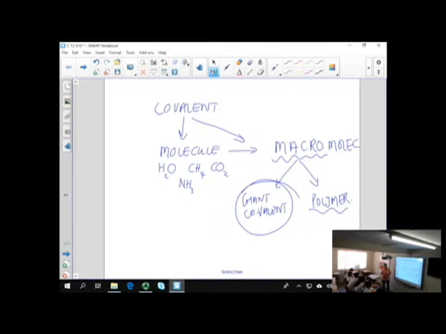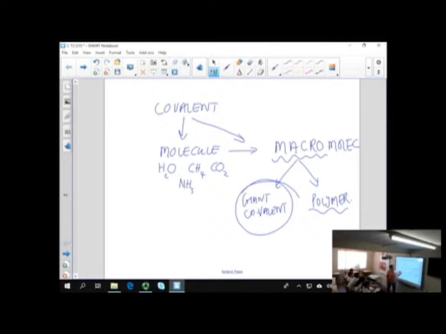So people, you have to differentiate between these two. In normal molecules, it's 2 or 3 or 4 or maybe 5 atoms in that molecule. Macromolecules have got thousands sometimes, especially the giant covalent structures, of atoms covalently bonded to form a giant covalent structure.